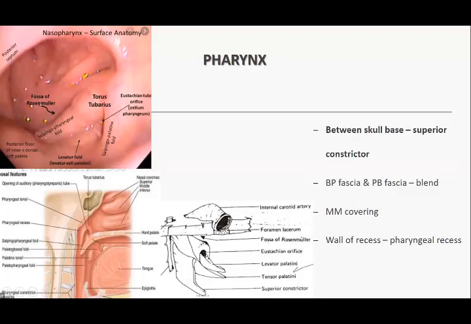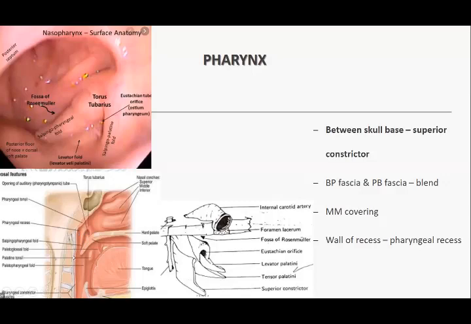So any object, any probe that misses the eustachian tube can go into this fossa. Posterior to the fossa lies the internal carotid artery. It slips from here into this fossa, and here the internal carotid artery lies.